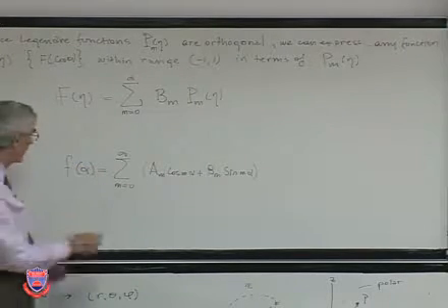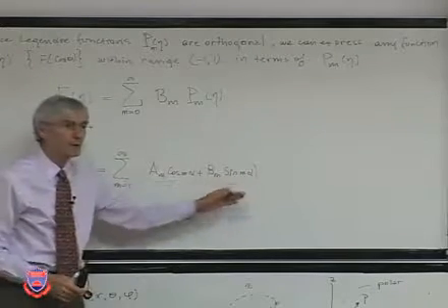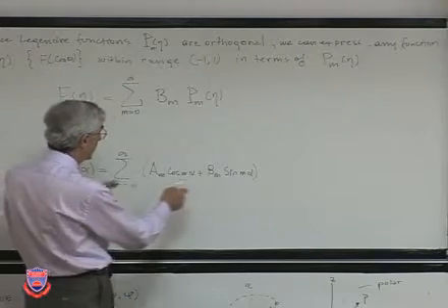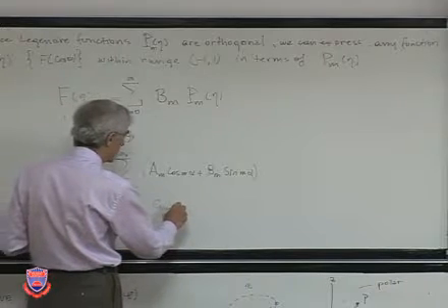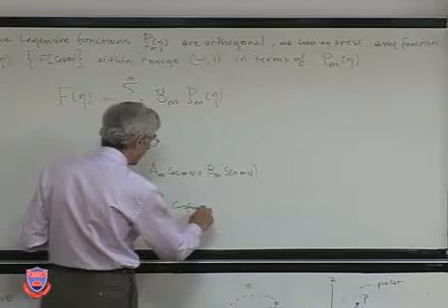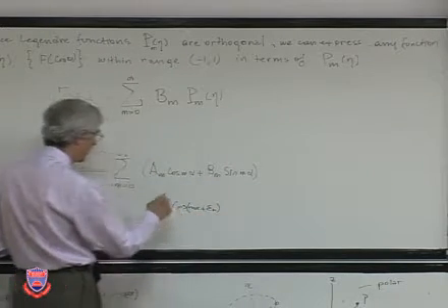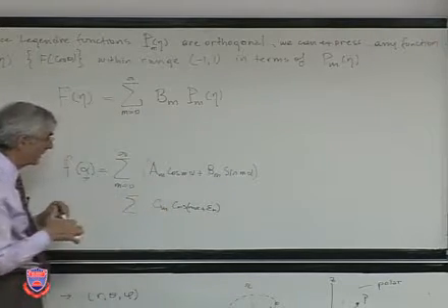Exactly. Any function of alpha I can express in terms of a Fourier series. Or in this case, I can rewrite this as cosine m alpha plus some sort of phase angle.